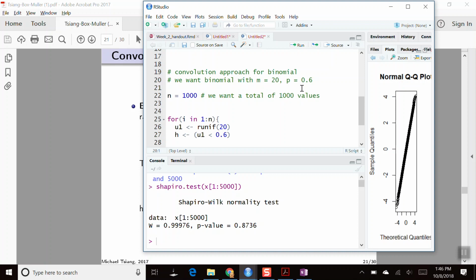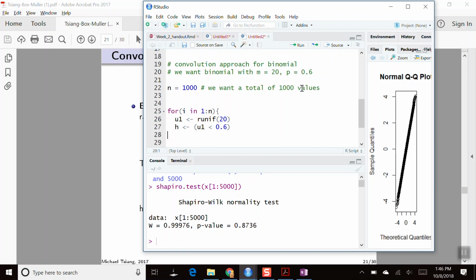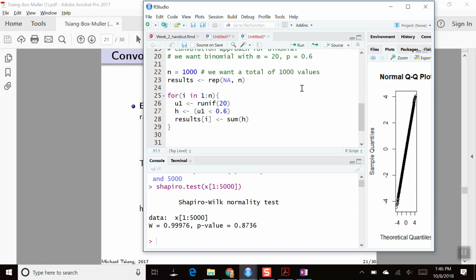So this will be true if our random uniforms are less than 0.6, and then we store into our results in position i the sum of h. And this will give me 1,000 values from the binomial distribution with p equal to 0.6.